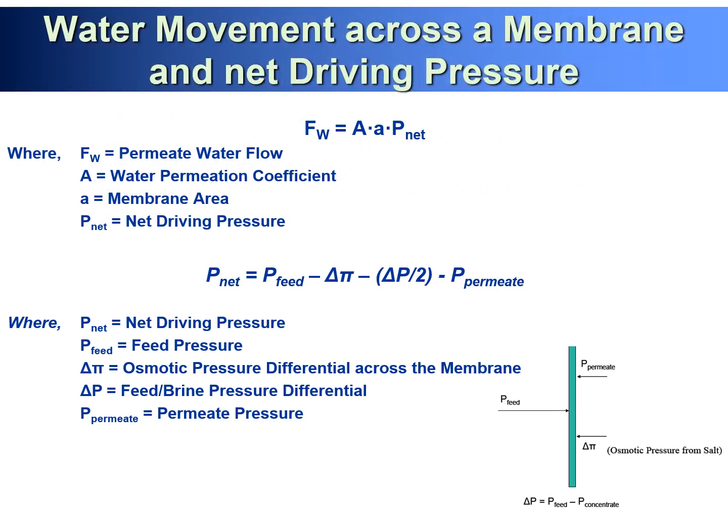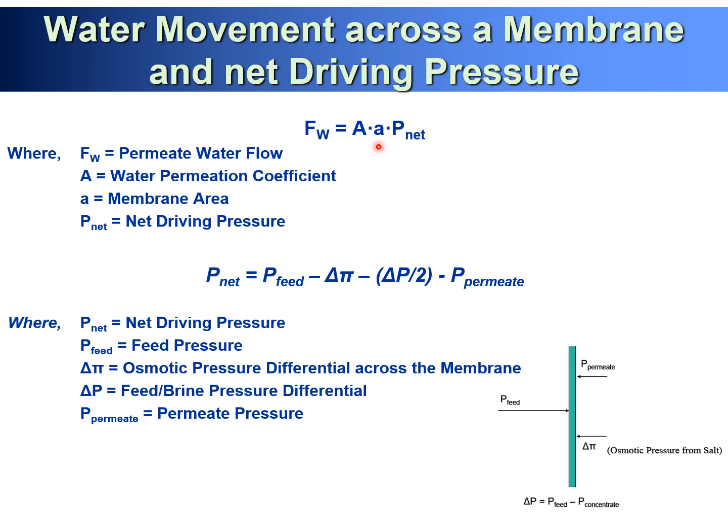And water movement across the membrane and net driving pressure. So we can calculate your permeate flow, which is equal to the water permeation coefficient, membrane area, and net driving pressure. So depending on how much pressure you apply, you will get different permeate water flow. This coefficient depends on your membrane, so the manufacturing company will provide the membrane coefficient and membrane area.